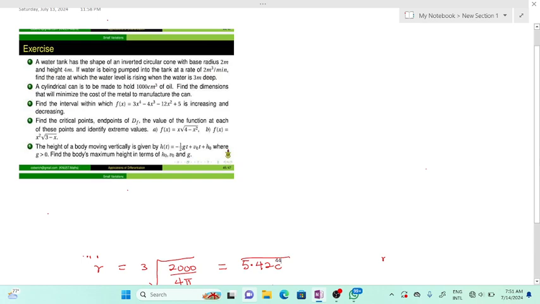As I said, find the interval within which our function here is increasing and decreasing. So how do we do this? Function f of x is equal to 3x to the power 4 minus 4x to the power 3 minus 12x squared, then plus 5. We have to find whether this function is increasing or decreasing.